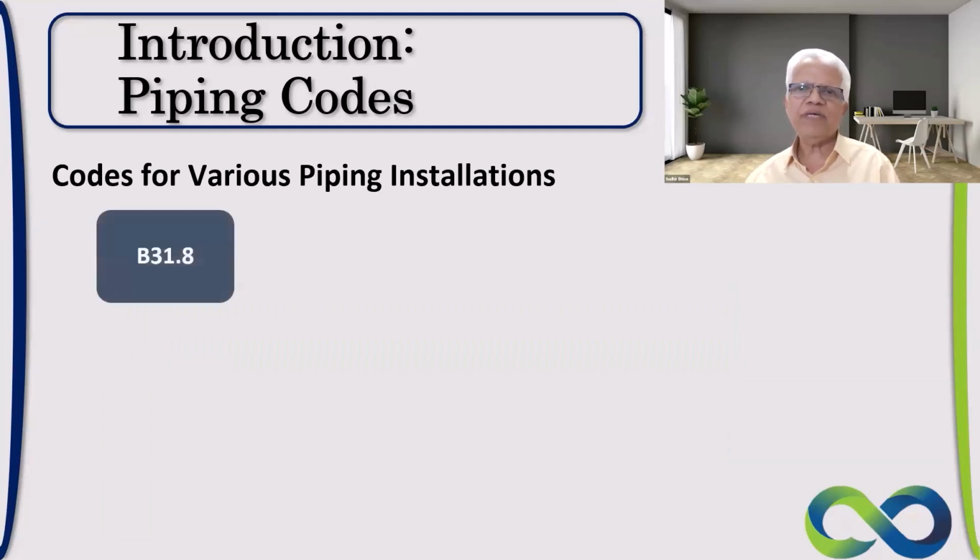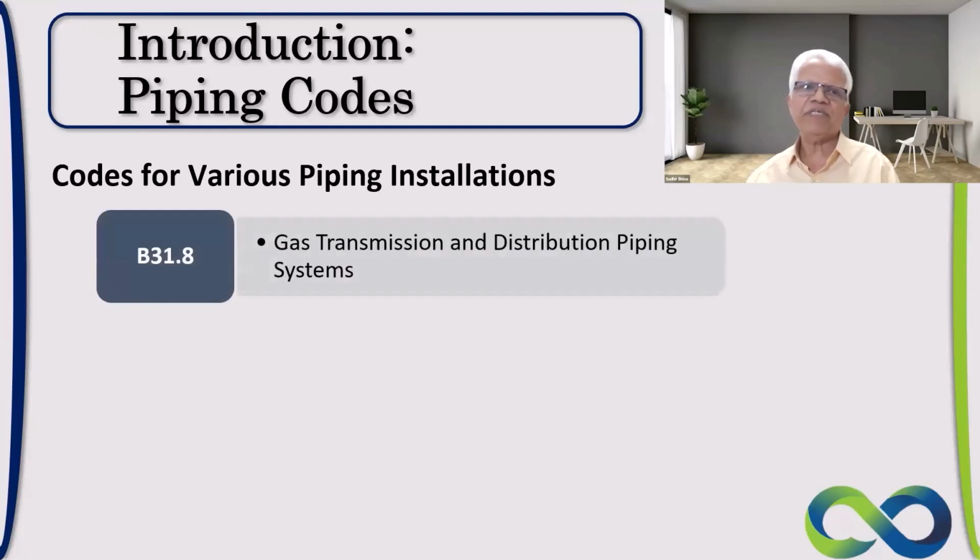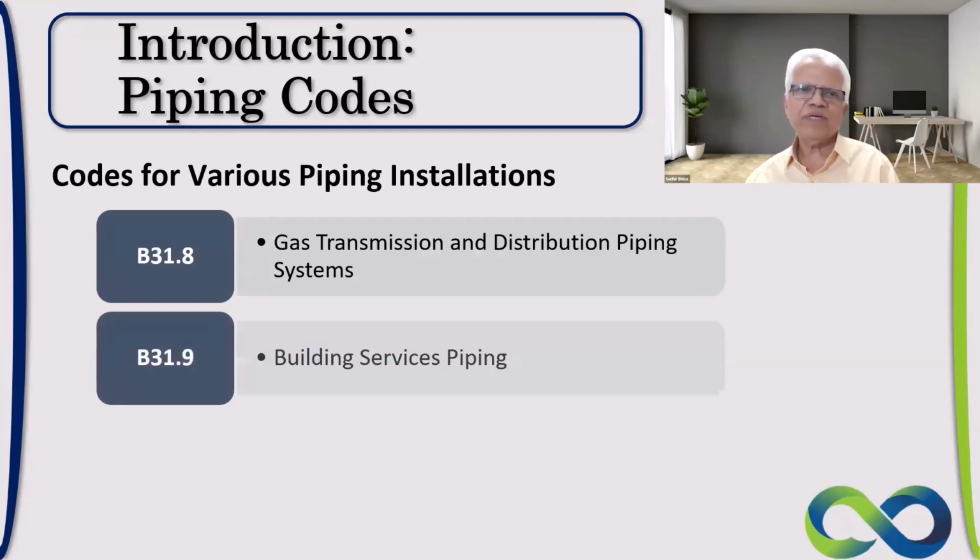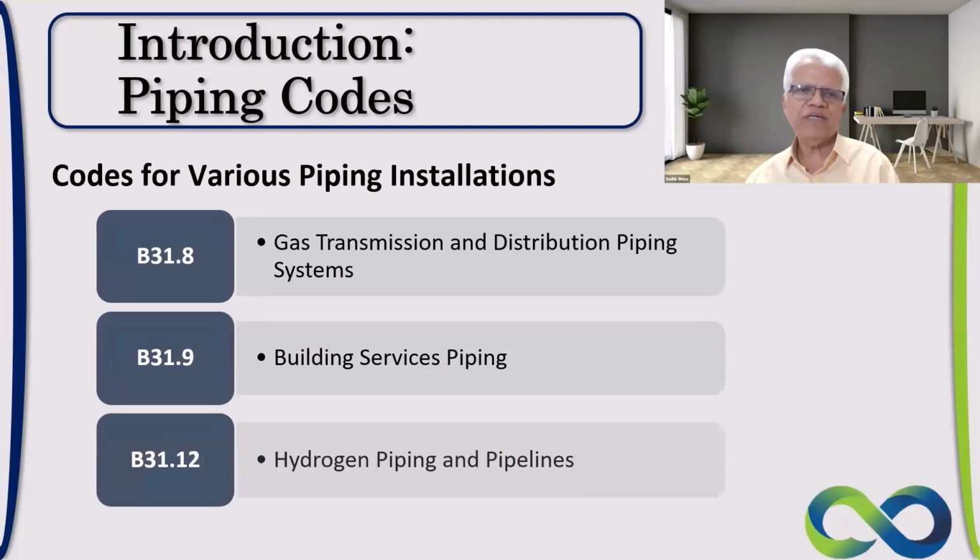Then our next codes are B31.8, which covers gas transmission and distribution piping systems, B31.9, which is building services piping, and B31.12, which is hydrogen piping and pipelines. These are the codes which are listed in every code, and it also gives the title for each and every code as such.